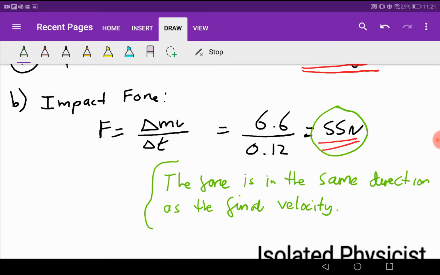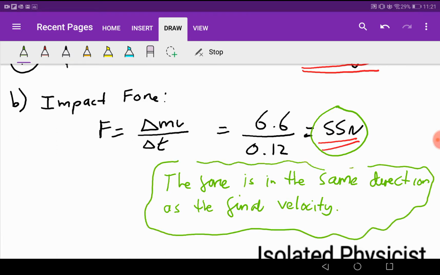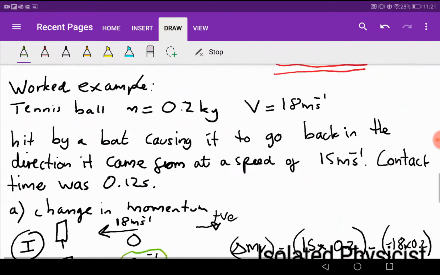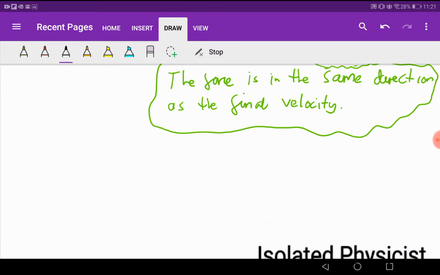And you can say that whichever way you put your positive and negative signs. So that's it for impact forces, and I just want to look at conservation of momentum now.